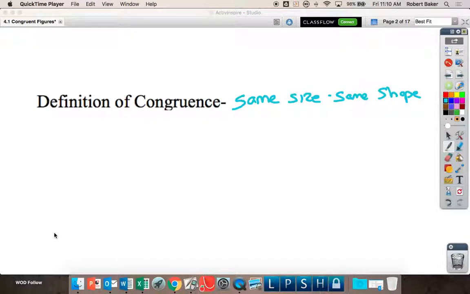Size, same shape. Okay? But how do you prove congruence? Because your next test is all about proofs. How do you prove congruence?